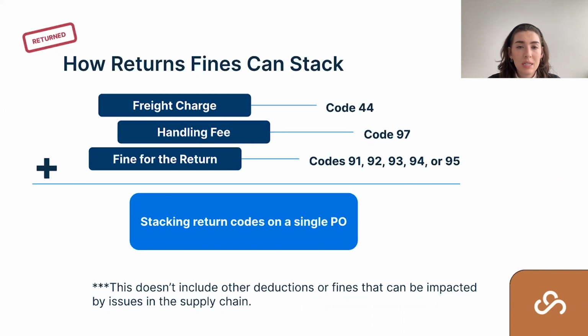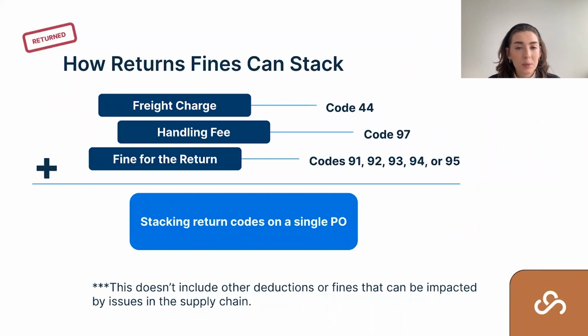If you're receiving a return fine, you're going to get a fine for the return saying, hey, this inventory, we're sending it back, we're returning it for some reason. Those are broken out into codes 91, 92, 93, 94, or 95, and you're usually going to see a grouping of those charges.